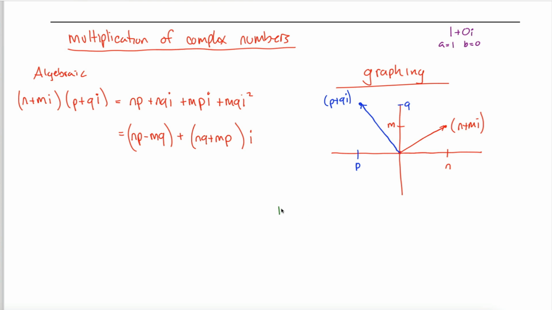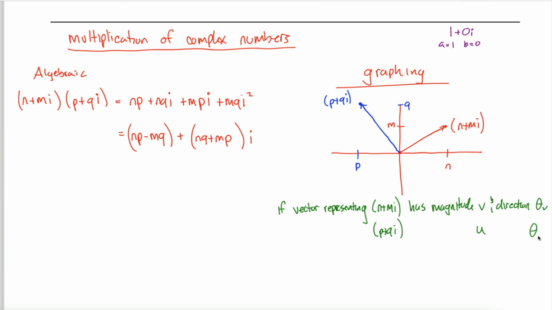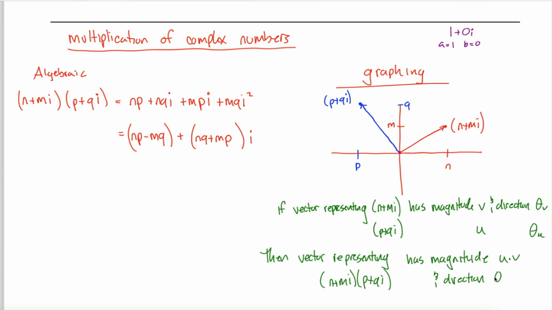Maybe a little bit more formally, if the vector that represents the complex number n plus mi, maybe we'll call that vector v, has a magnitude of v and a direction of theta sub v, and the vector representing p plus qi has a magnitude of u and a direction of theta sub u, then the vector representing the product of those two complex numbers, n plus mi times p plus qi, has a magnitude of u times v and a direction of theta sub u plus theta sub v.